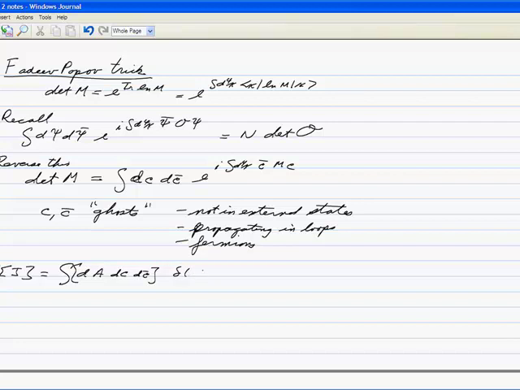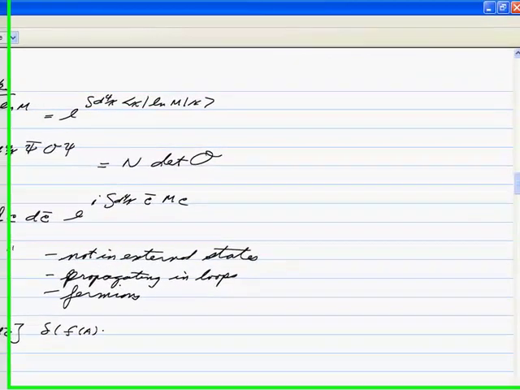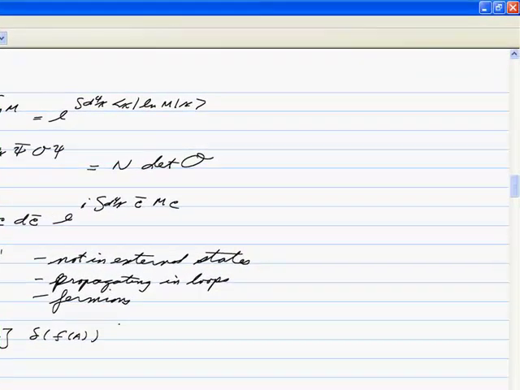There's the delta function constraint of F of A. But we now exponentiate the rest of it.